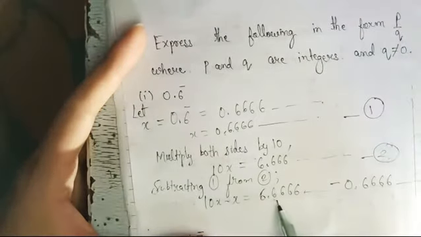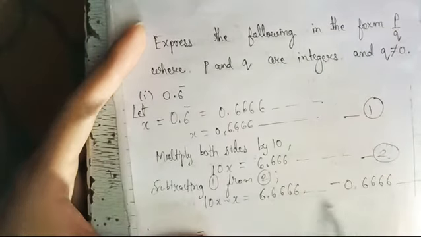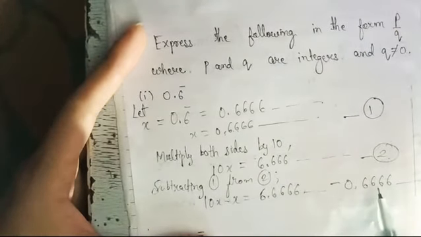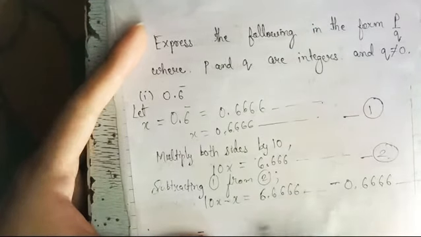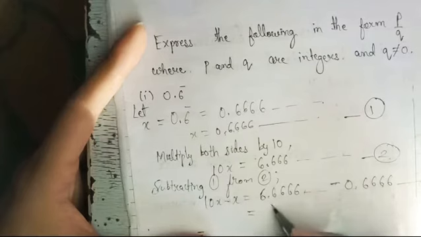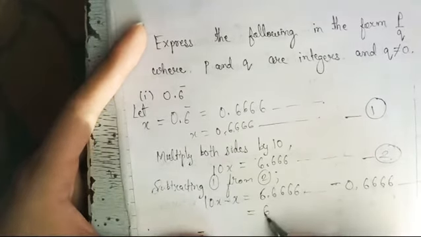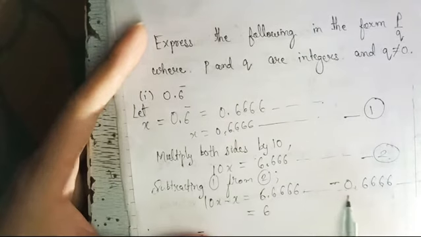All these values after the decimal, 6666 and so on, will get cancelled. All these values get subtracted and on the right hand side you will get 6 only.